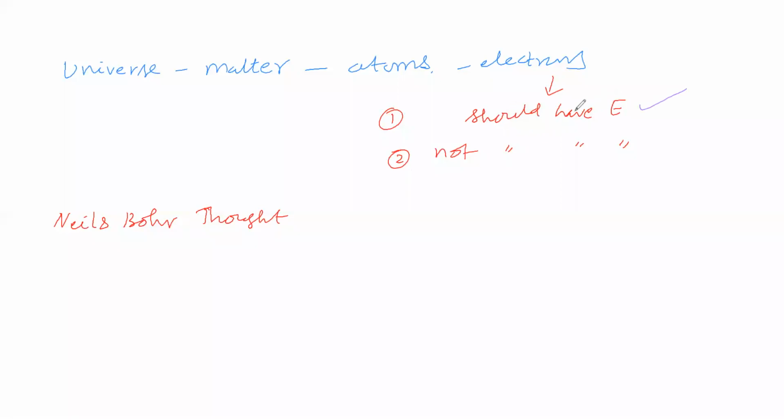Now, it should have energy means it should be positive, or negative, or zero. Among these three, in which category will it come? You said correctly, electron is having energy. Now, the energy of the electron is positive, or negative, or zero.